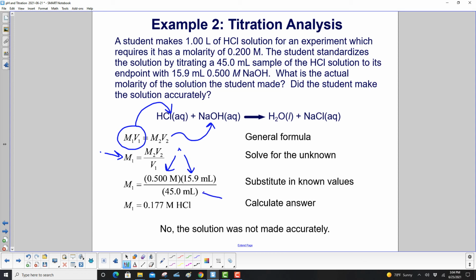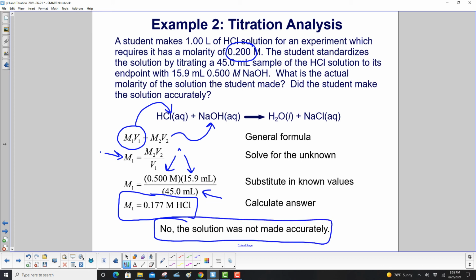And here's the hydrochloric acid. And then we calculate a molarity. The student actually got a molarity of 0.177 molar. The student wanted 0.200. That's not close enough. You should be somewhere between 0.19 and 0.21. 0.21 would be a lot better. So we're going to say, nope, not made accurately.